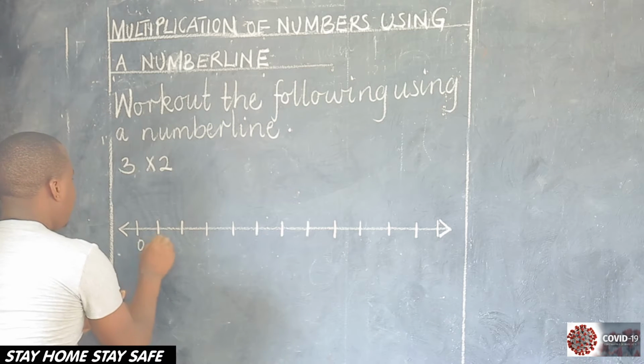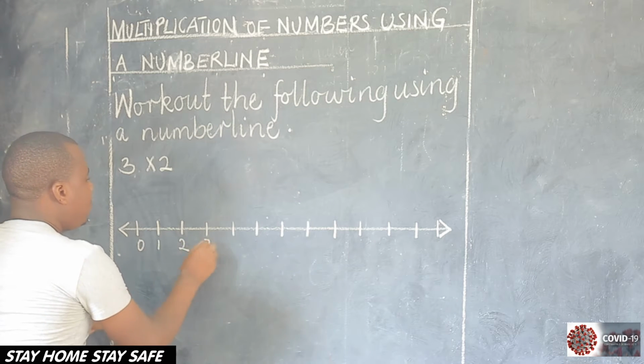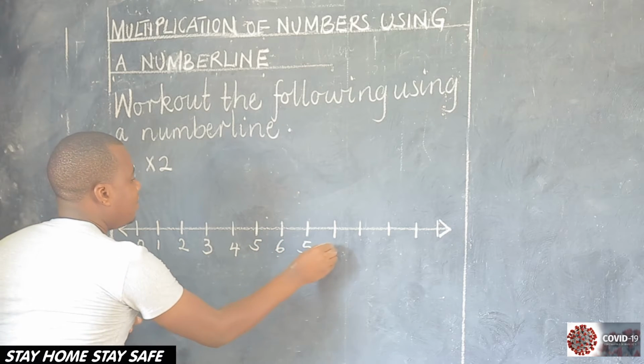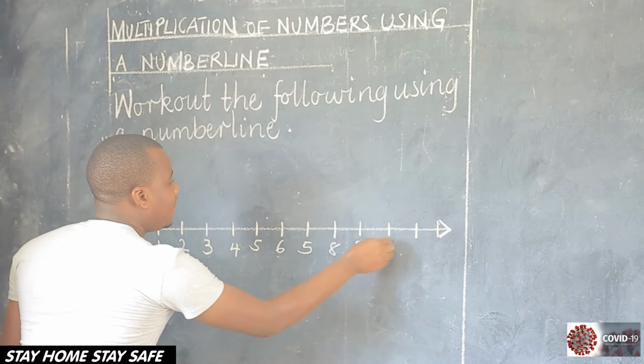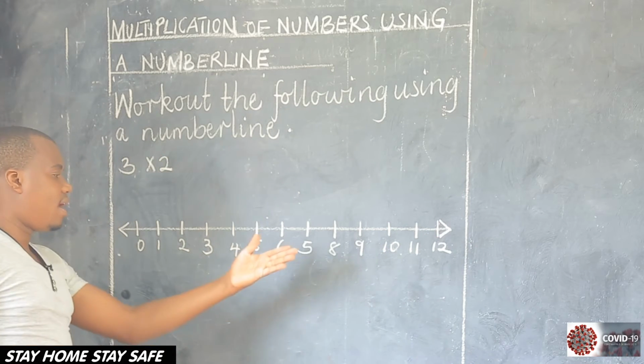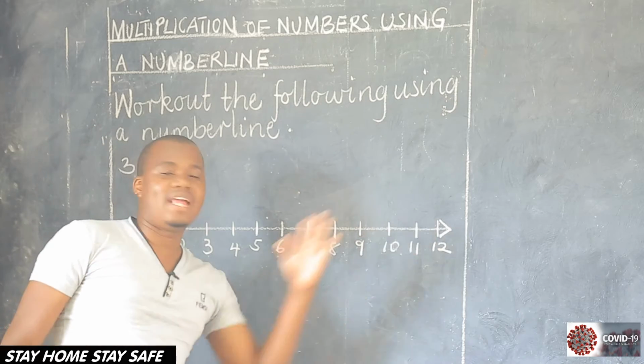This is 0, 1, 2, 3, 4, 5, 6, 7, 8, 9, 10, 11, and 12. That's what my space can accommodate.